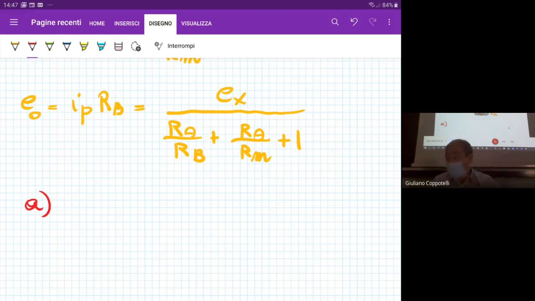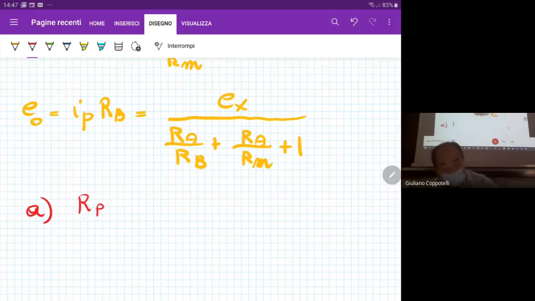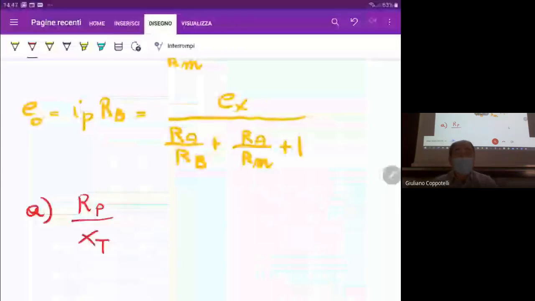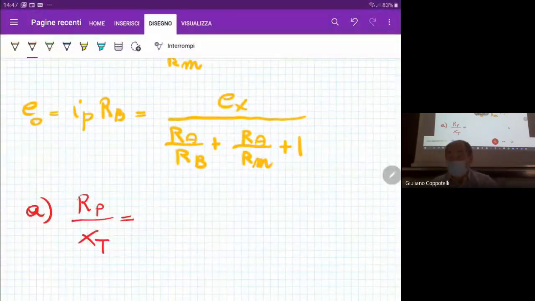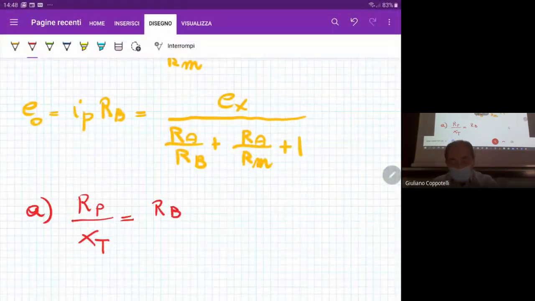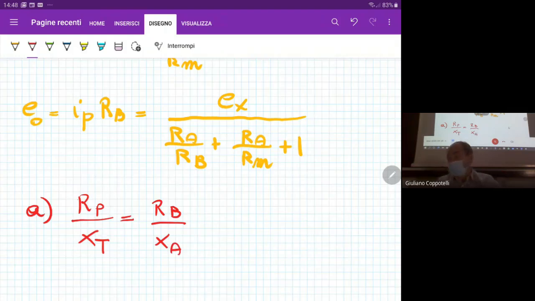So we can write that the overall potentiometer resistance with respect to the maximum displacement is equal to the actual resistance RB with respect to the actual displacement, thanks to the configuration that we are considering.